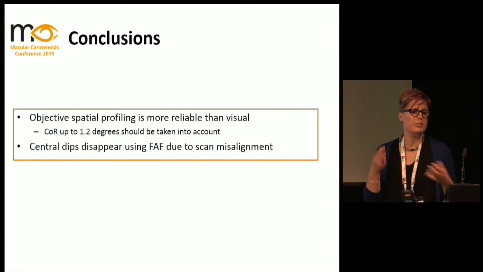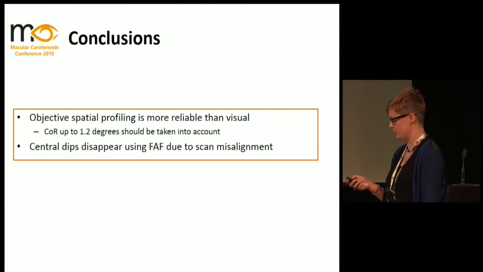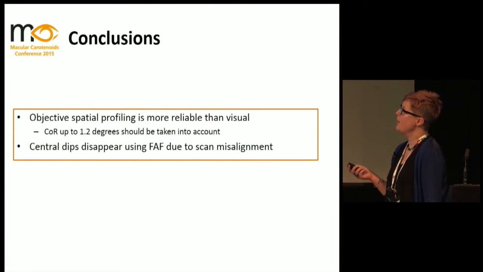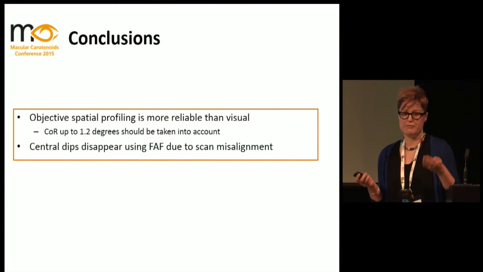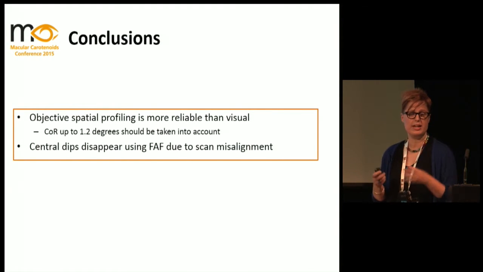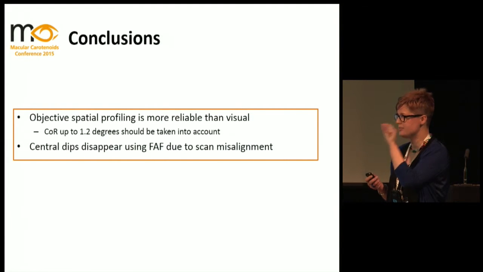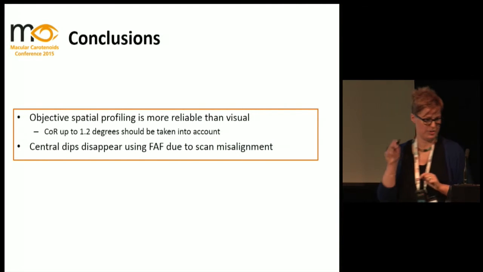And so the mean standard error is really not enough to show this. The problem, though, is that it seems that FAF actually doesn't really pick up the central dips. And we believe it's due to the scan misalignment and the fact that we haven't got this absolute foveal marker to make sure that we are taking the macular pigment exactly at 0.